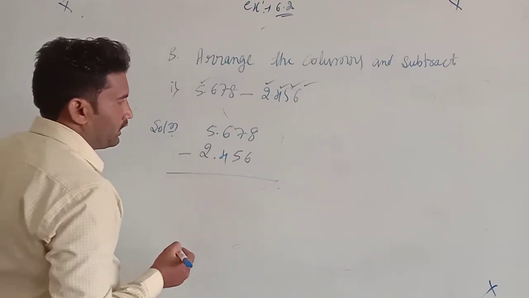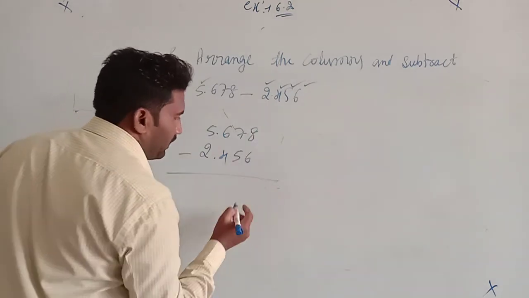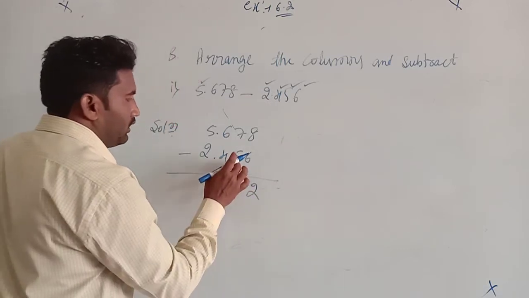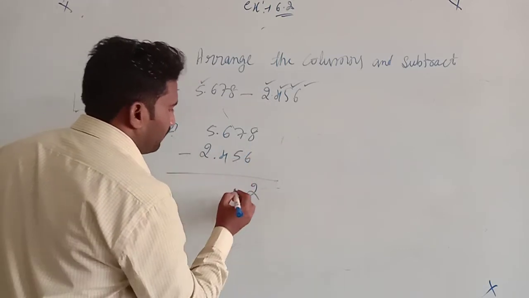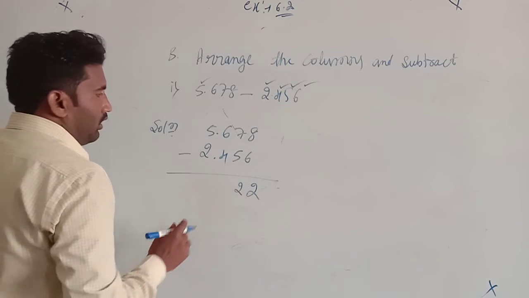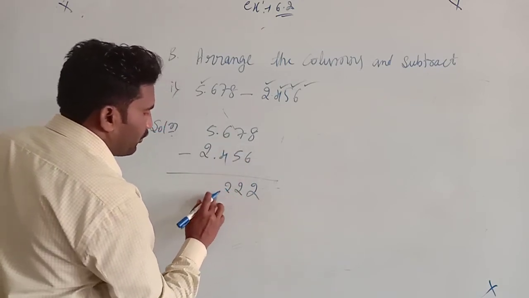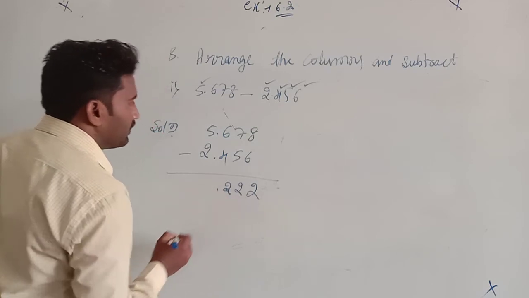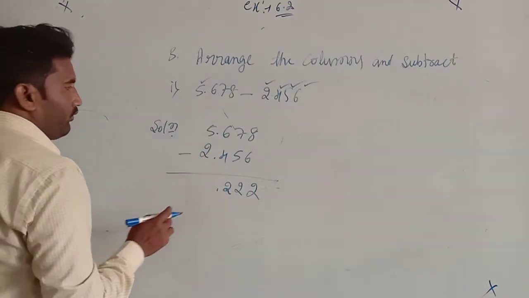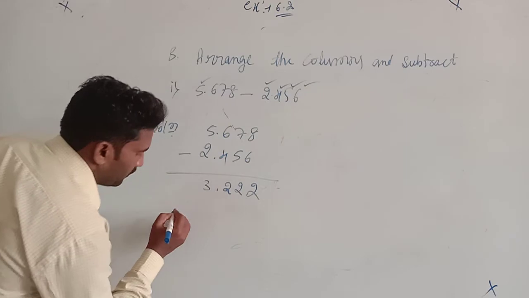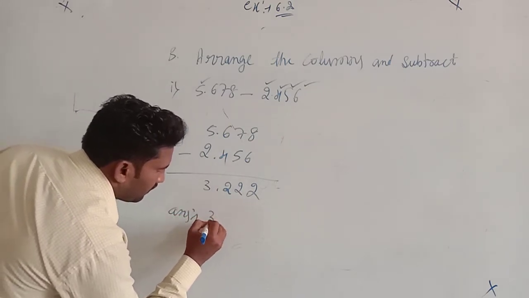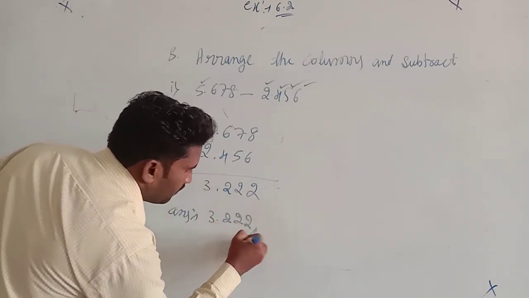When we subtract, 6 from 8 we get 2. Subtract 5 from 7, you get 2. Subtracting 4 from 6, you get 2. Then the point. Subtracting 2 from 5, you get 3. So its answer is 3.222.